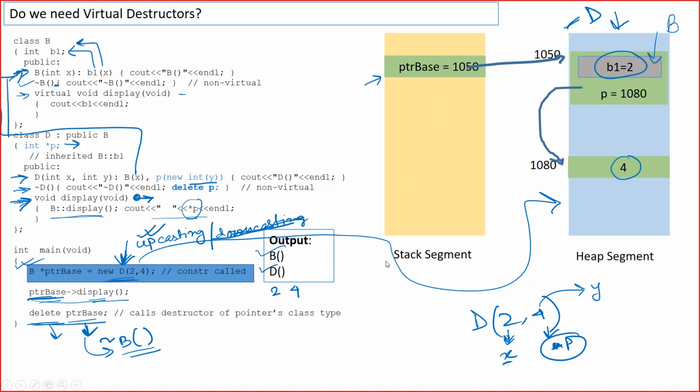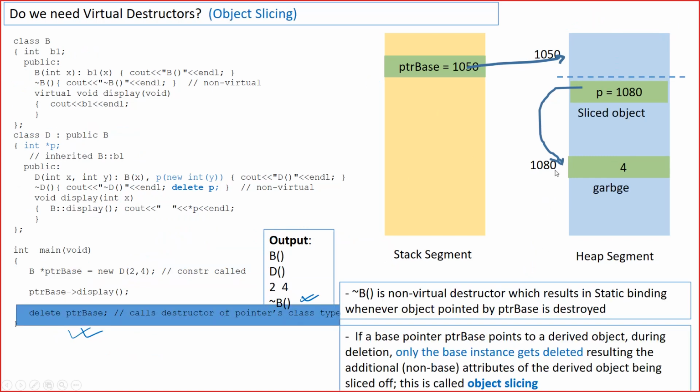But what actually happens is, if a base pointer points to a derived object, during deletion it will delete only this part, B1 2, the part that is inherited from B. So if you are using a base pointer to call the destructor, it will delete only the inherited base portion, and the non-base portion, this part is for D, isn't it?